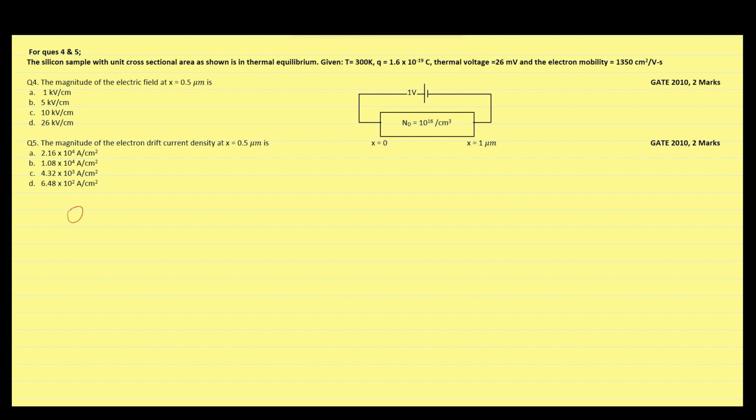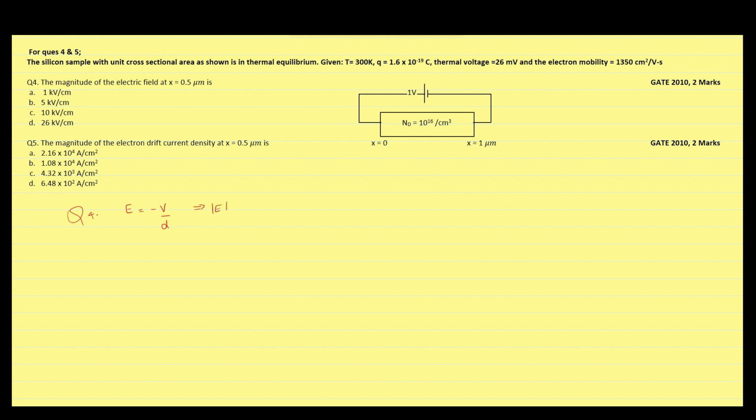Now, for the fourth question, the magnitude of the electric field at x equal to 0.5 micrometer is, you know that electric field intensity is equal to negative of potential difference between 2 points divided by distance between the 2 points. Since we are supposed to find only the magnitude, we can ignore the negative sign.